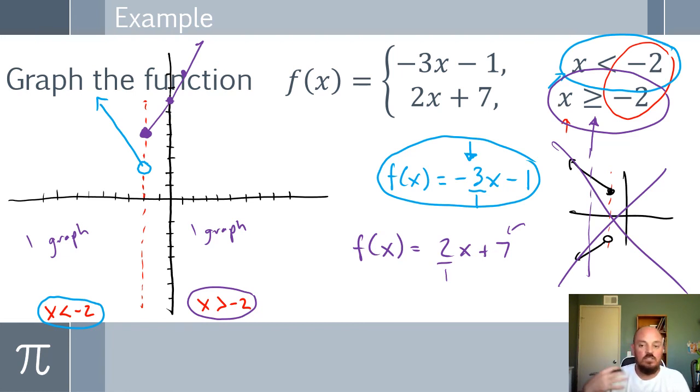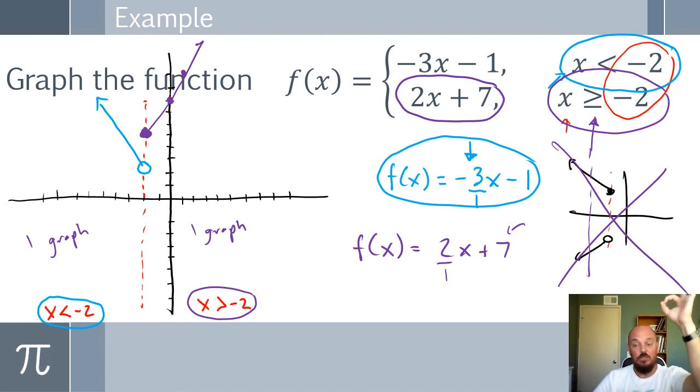And the point always goes where it's equal to the number. So when x equals -2, look at the one circled in purple on the top right of the screen. Because that has the or equal to, when x equals -2, we use the graph 2x plus 7. That's the purple one. That's why that gets the point. The open circle is like a marker that says, yeah, the graph is kind of going there, but there's no point there.